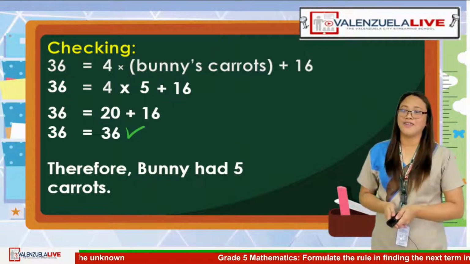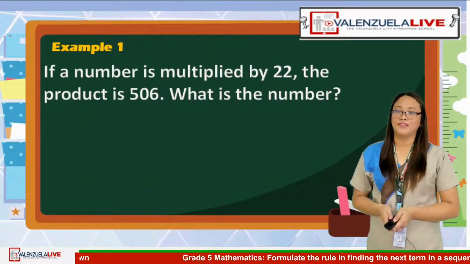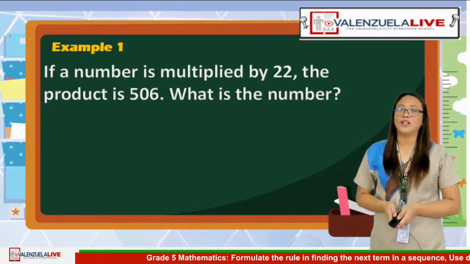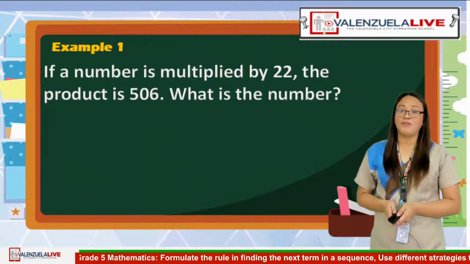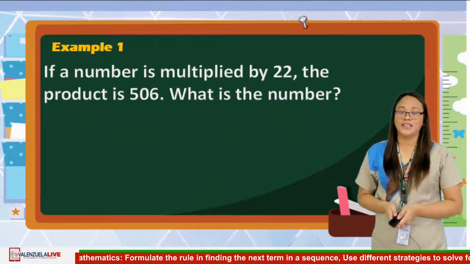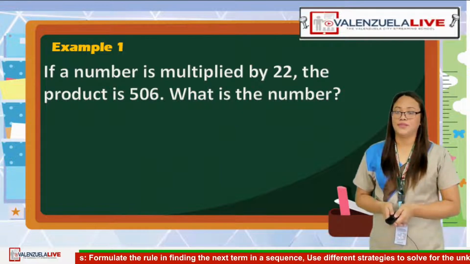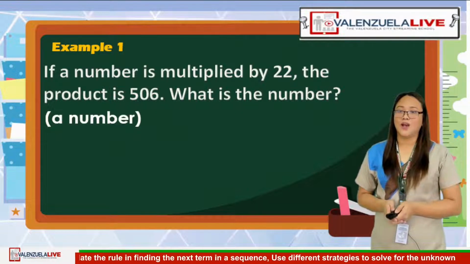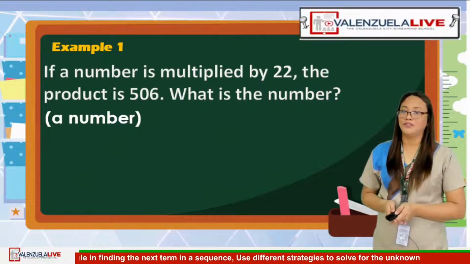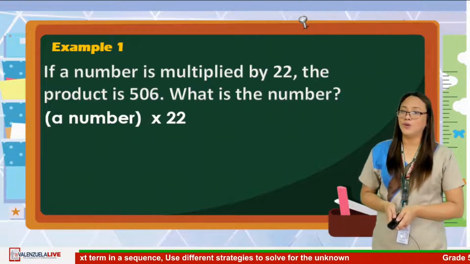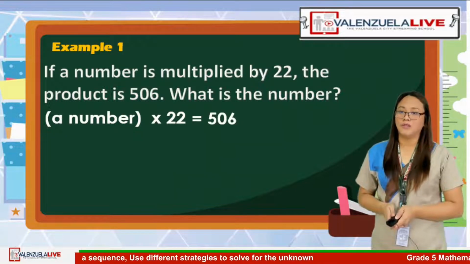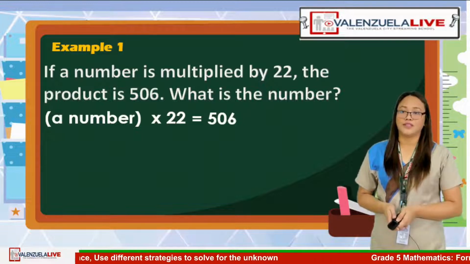All right, did you understand? All right, let's have another example. If a number is multiplied by 22, the product is 506. What is the number? Okay, so we have here a number. We still don't know the number times 22, and the product is 506.